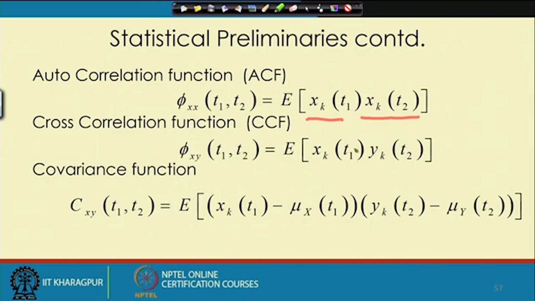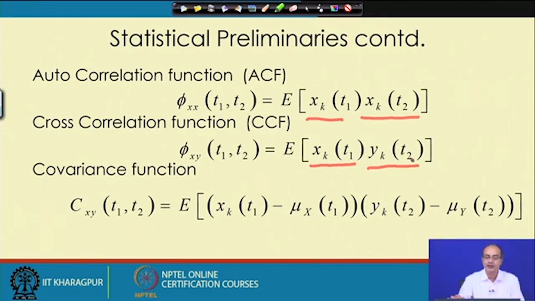Now, if the same operation is done between two signals, that is x at instant t1 and y at instant t2, then that correlation is called the cross correlation function, or in short CCF.